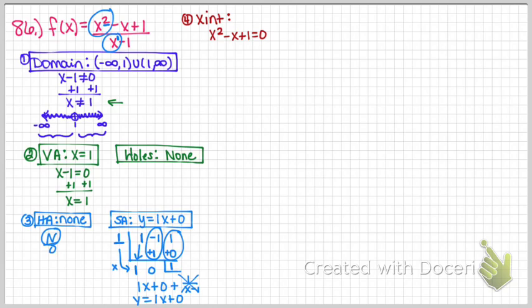But we already said we can't factor that, right? But I have to solve for x. So what's my other option? Quadratic formula. So what is my A? My B? And my C.